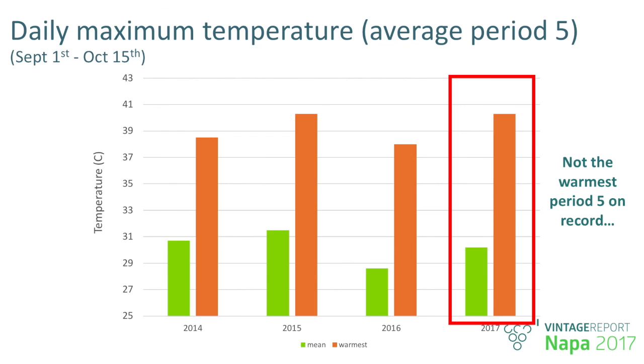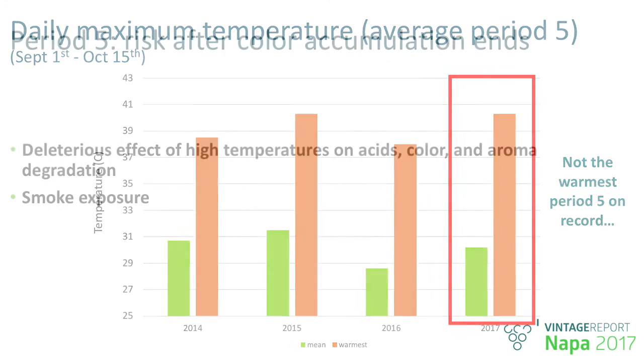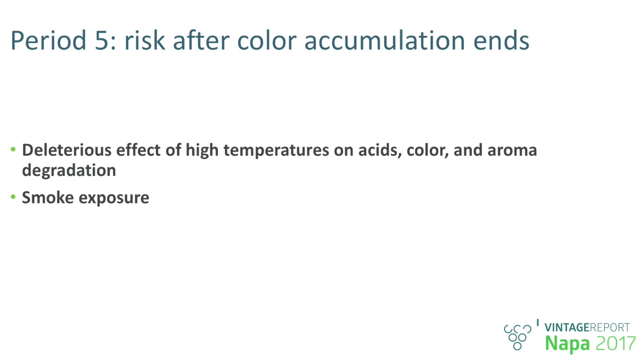Remember that temperature above 35 Celsius are very deleterious for color. But we were not in such a bad situation compared to 2015 or 2014. So really at this stage, the greatest risk to mitigate were, once peak color has been reached, how to avoid the negative effect of high temperature on acids, aroma, as well as color, and of course the smoke exposure, but we will discuss that this afternoon.